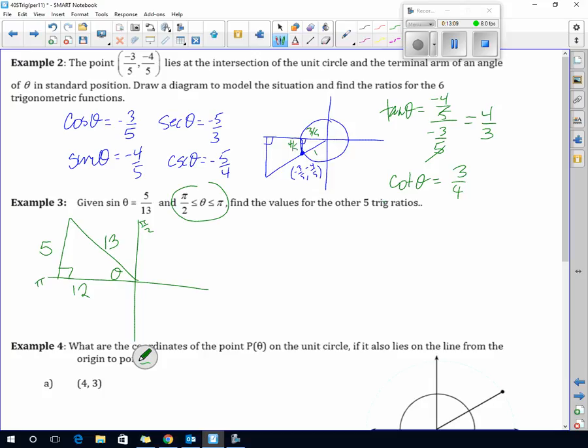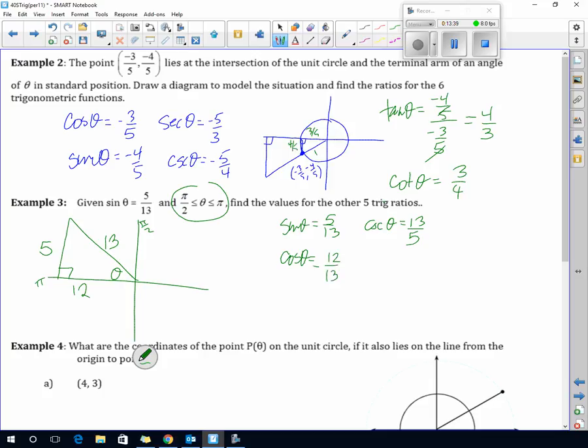Okay, so if sine theta is 5/13, we know that cosecant theta is 13/5. What's cos theta equal to? Yeah, 12/13. Is it negative or positive?